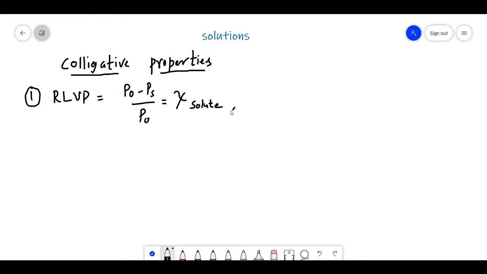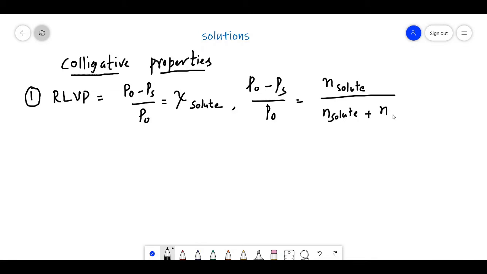You can also write this as P naught minus Ps by P naught is equal to the number of moles of solute by the number of moles of solute plus the number of moles of solvent. So this is the formula for relative lowering of vapor pressure. The same thing applies to Raoult's law also.